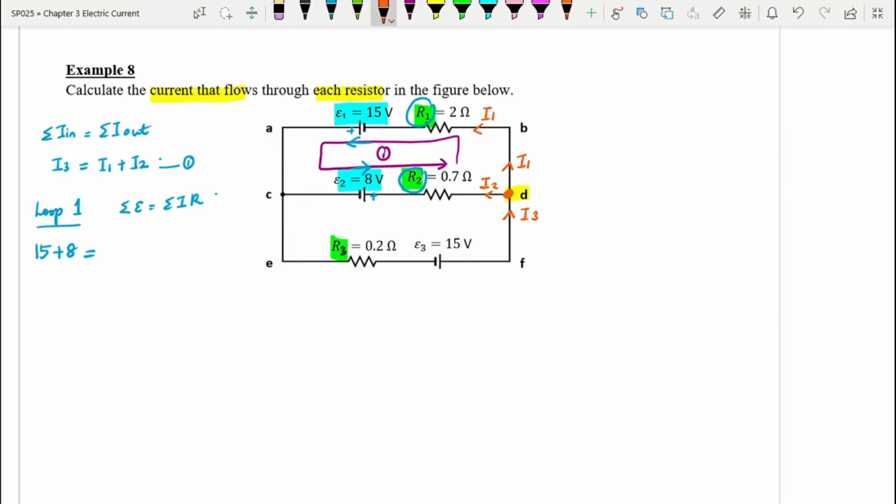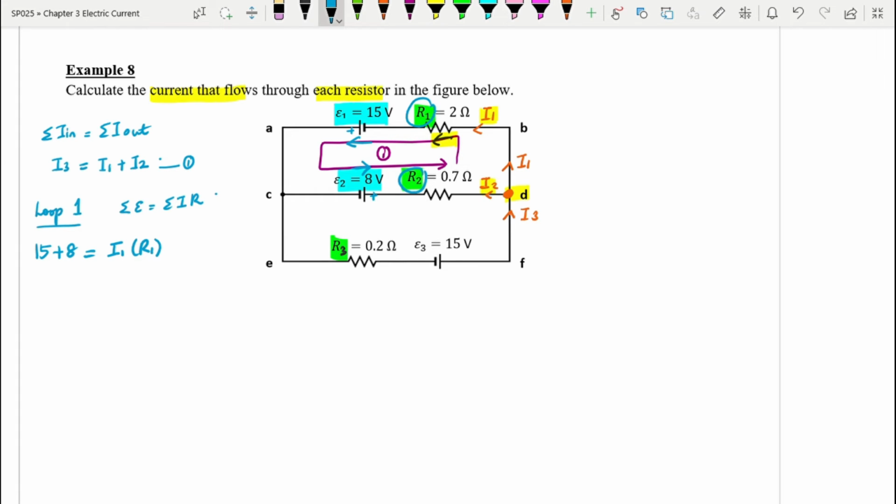Kalau R2, I2 yang akan flow. Kalau R1, I1. Jadi senang. Kita tengok loop pula. Loop dengan I1 is exactly equal in direction, sama direction dia. Jadi same direction, so dia jadi positif. So I1 times with R1. Nak substitute terus pun tak ada masalah.